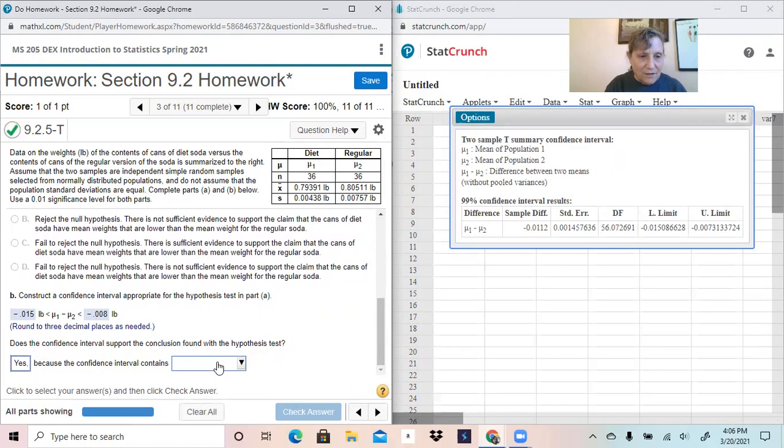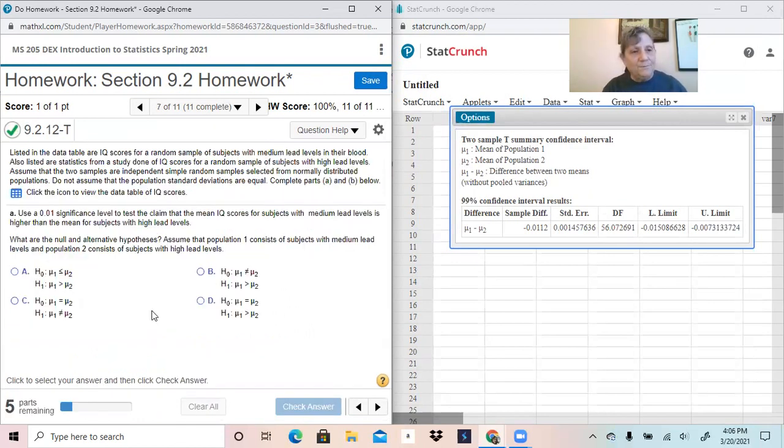So yes, this does support it because this contains only negative values, which tells us not only that we are going to reject the null hypothesis, but that the first mean is smaller than the second mean, so that when you do the first minus the second, you get a negative number every time.